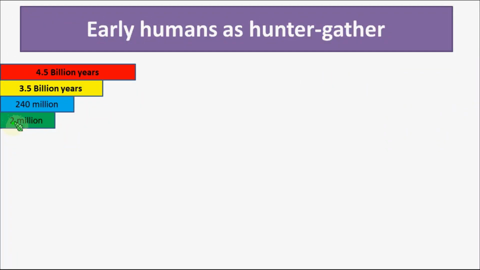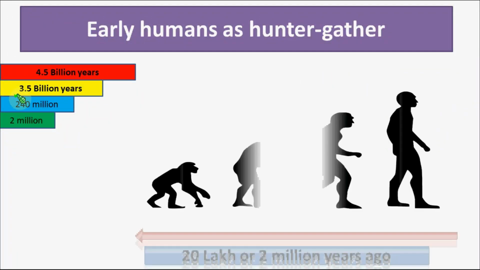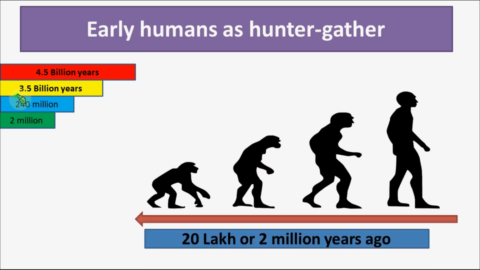And finally, about 2 million years ago, or 20 lakh years back, the species of human beings came into existence.